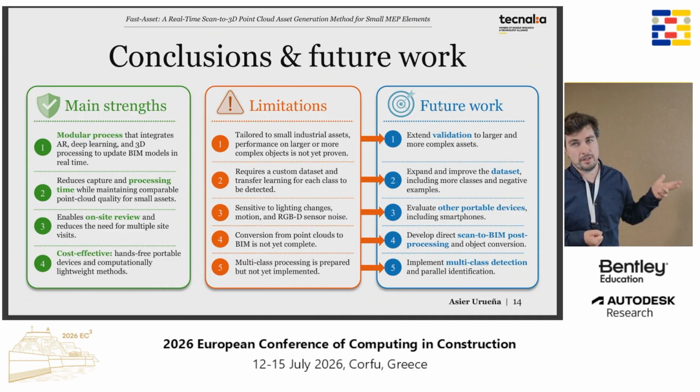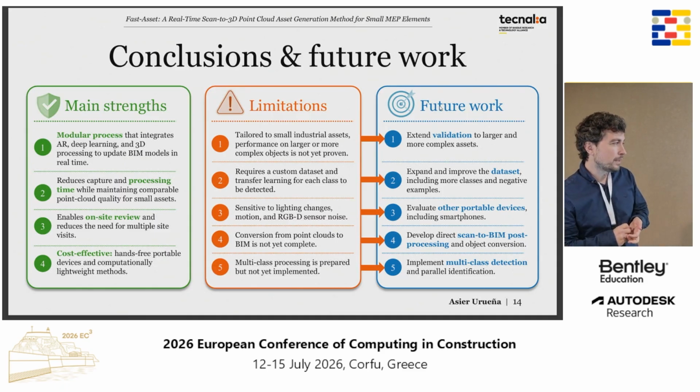Limitations: we're just targeting small MEP assets. We should make a better dataset for sure. There's some sensitivity to lighting changes. And we didn't do the full conversion to BIM, which would be another interesting step.